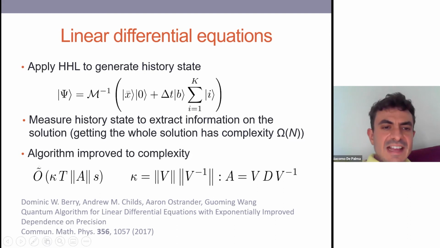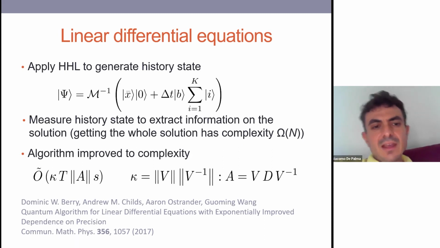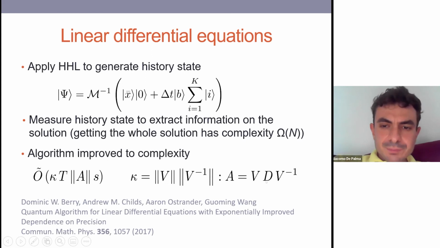Now, what's the runtime of this algorithm? For the runtime, I will give you the runtime of the improved version. And this is the reference where you can find the improved version of this algorithm. So the runtime is proportional to the condition number, oh, sorry, this is not a condition number. This kappa is defined in this way.